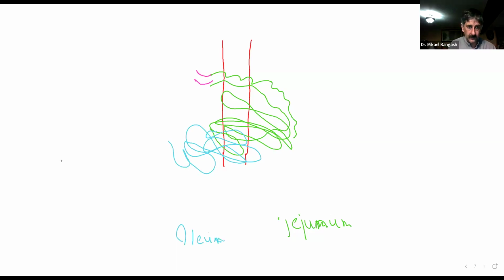And as already said, these were supplied by the vasa recta, which the superior mesenteric artery gives off.